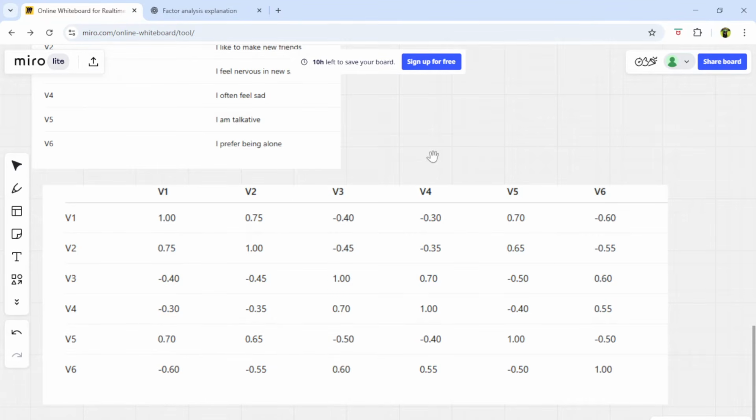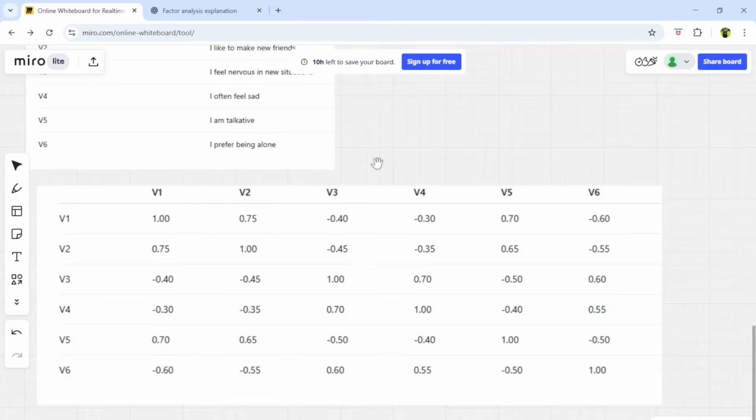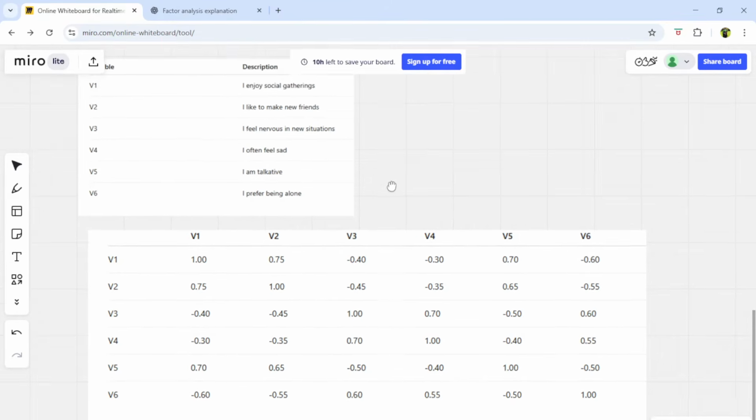So we can notice that variable 1, variable 2, and variable 5 are strongly correlated. They have a strong relationship amongst each other. The questions for these variables say: I enjoy social gatherings, I like to make new friends, and I am talkative.